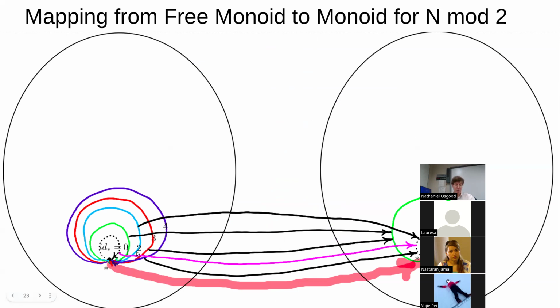What does 1 map to? It's got to map to 1. What does 2 map to? 0. What does 3 map to? 1. What does 4 map to? 0. And it turns out this honors the structure.